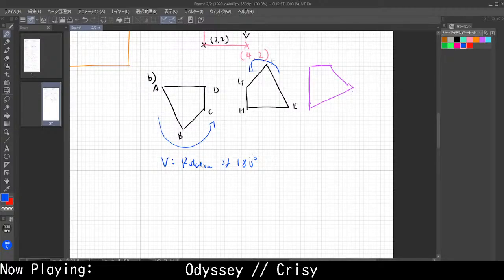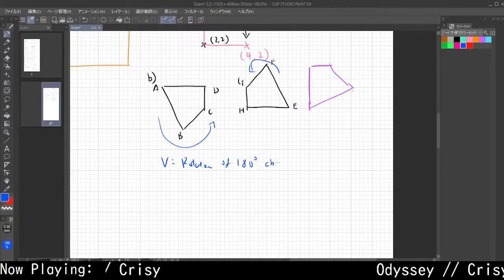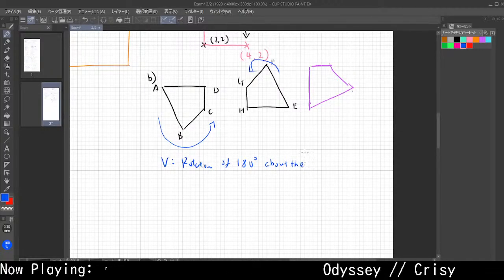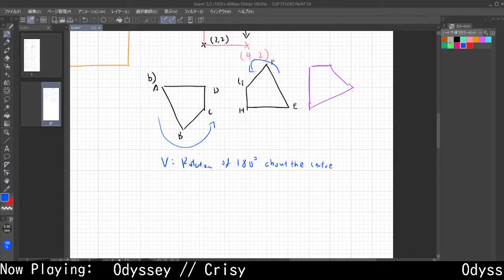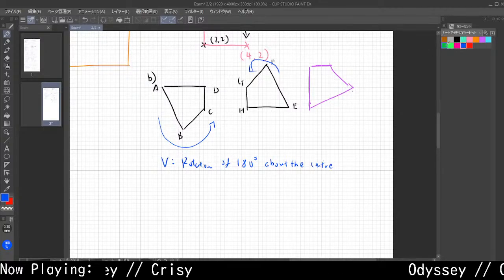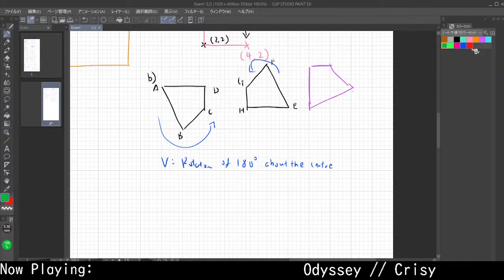So now we know the angle. We now know its rotation. We also know the angle. We want to talk about the center. So about the center, what coordinate? Okay. So based on the image over here, and according to the grid that I have, you basically want to connect your points, your corresponding points.